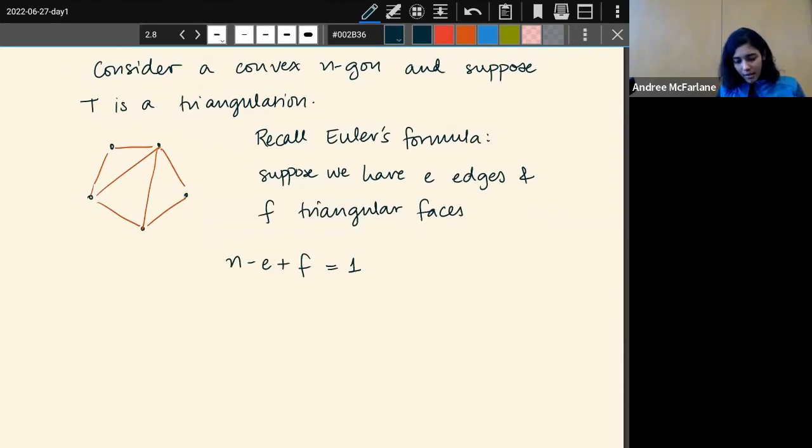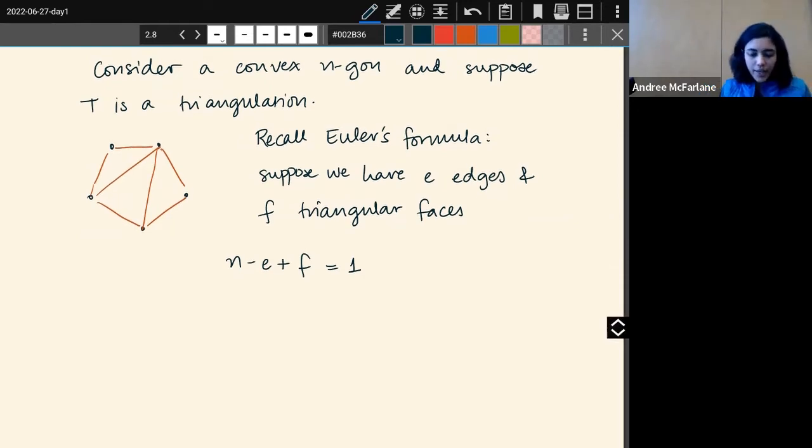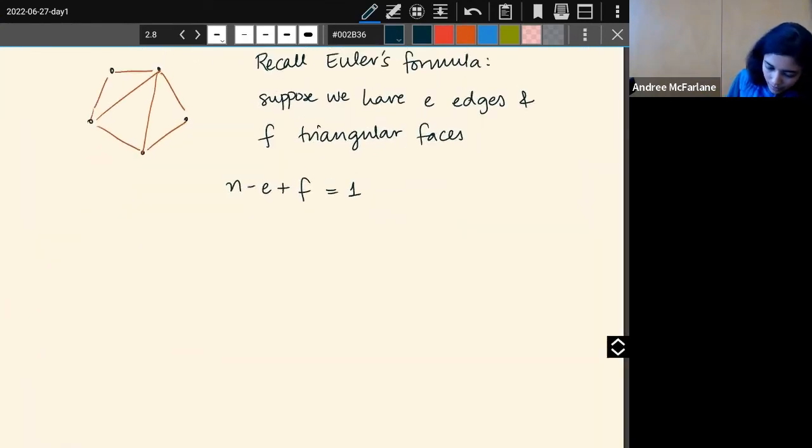And then we need something else to relate e and f to n, but we know that a triangle has 3 sides. So each face has 3 edges. So 3 times f is counting how many edges each triangular face has, going per face.